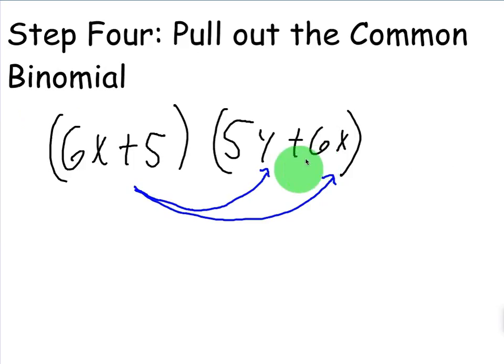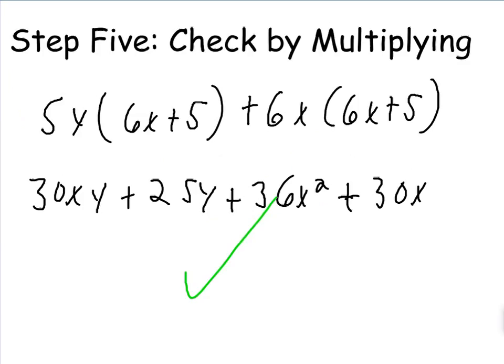So again, final answer is 6x plus 5 times 5y plus 6x. That's the factored version of what we started with. You don't have to write this down, but if you were to FOIL it, it would look like that. If you multiplied it back out, you would get the same thing.